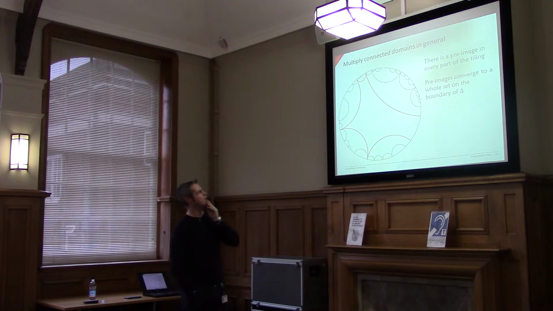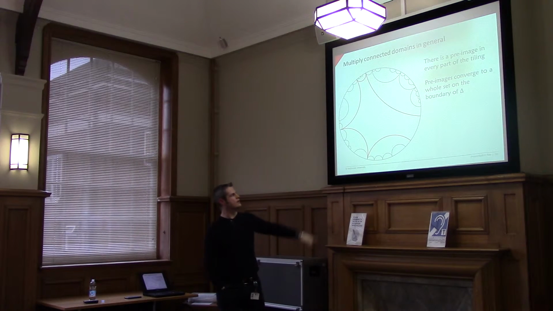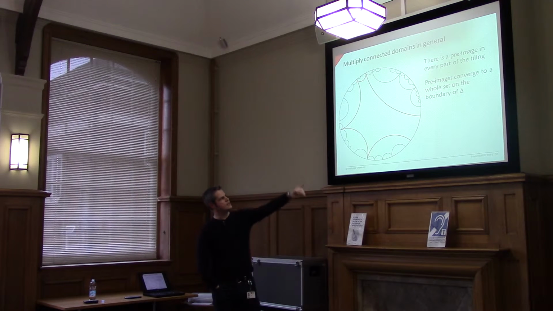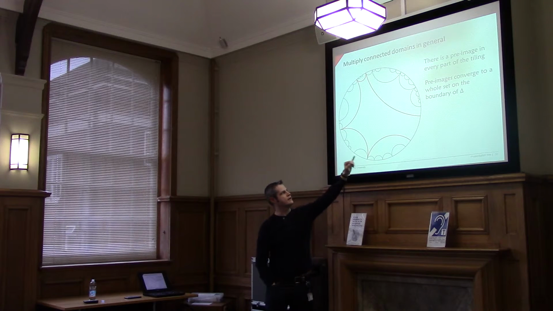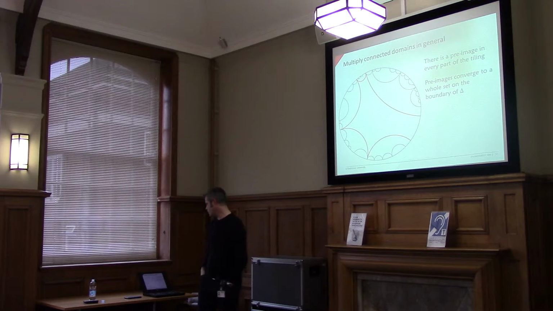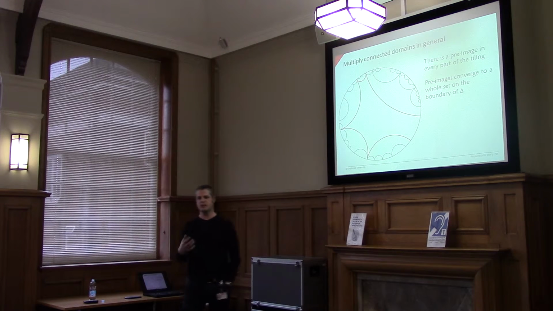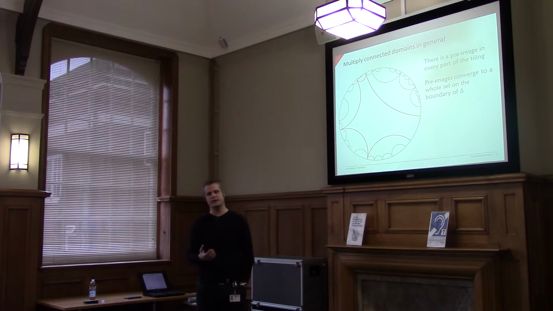But this is slightly weird because the corners of the polygon are at infinity. So you've got 4 different corners at infinity, and this massive gap in the polygon there. So they're all a bit weird. The way it works is that every one of these polygons is mapped in a one-to-one way onto your multiply connected domain.